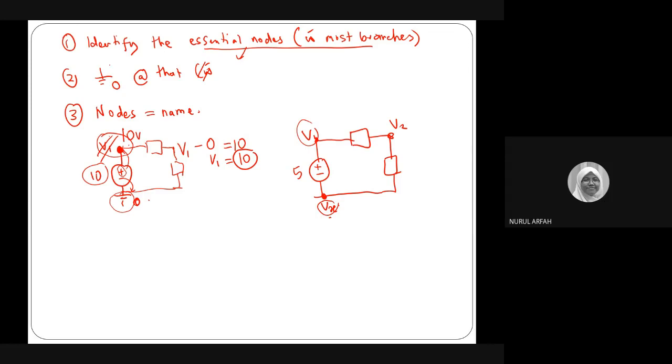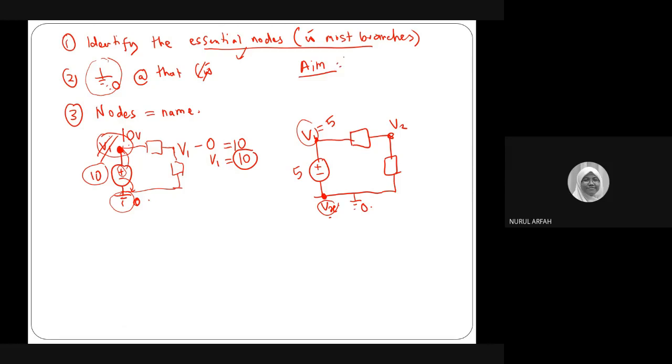That's why the important thing is to label the ground, the reference point. If you put the reference point at Vs here, then you know that V1 is equal to 5. You have already reduced the problem. What is your aim for nodal analysis?